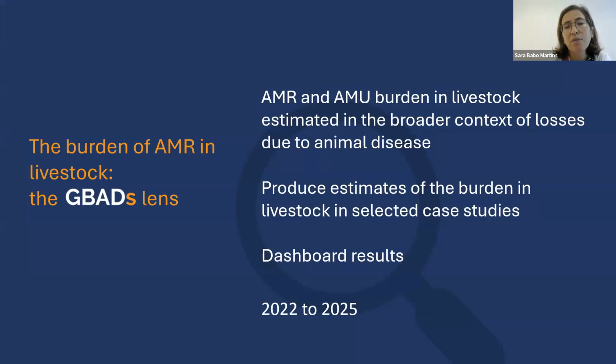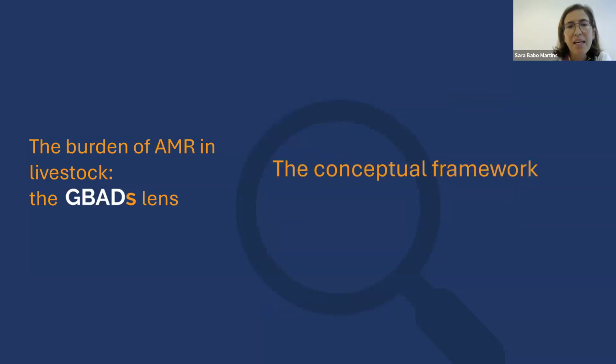This is a project that ran from 2022 to 2025. The starting point was a conceptual framework, and if you're interested in knowing more, I invite you to follow the QR code below on the slides.